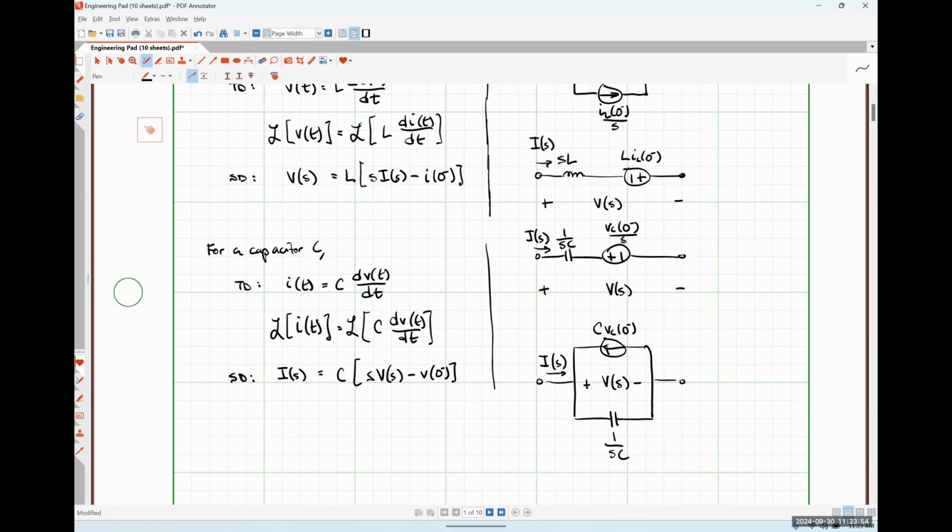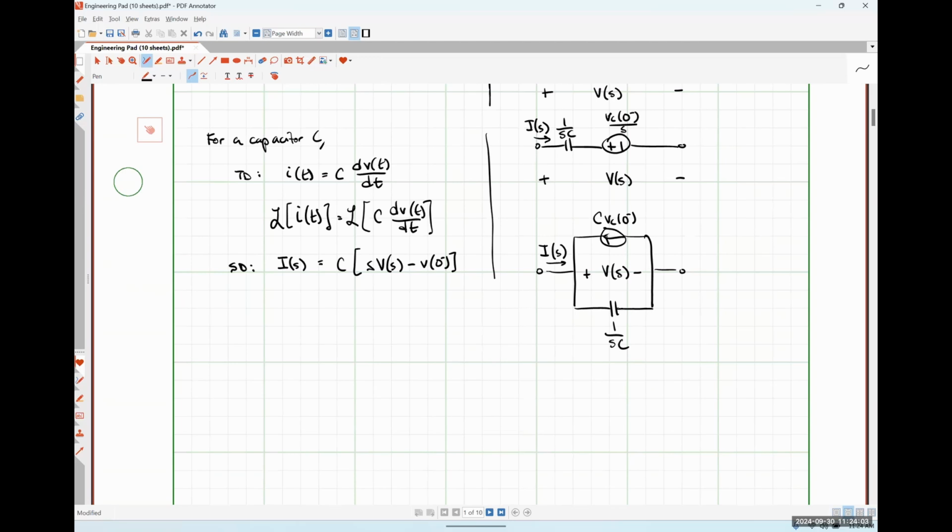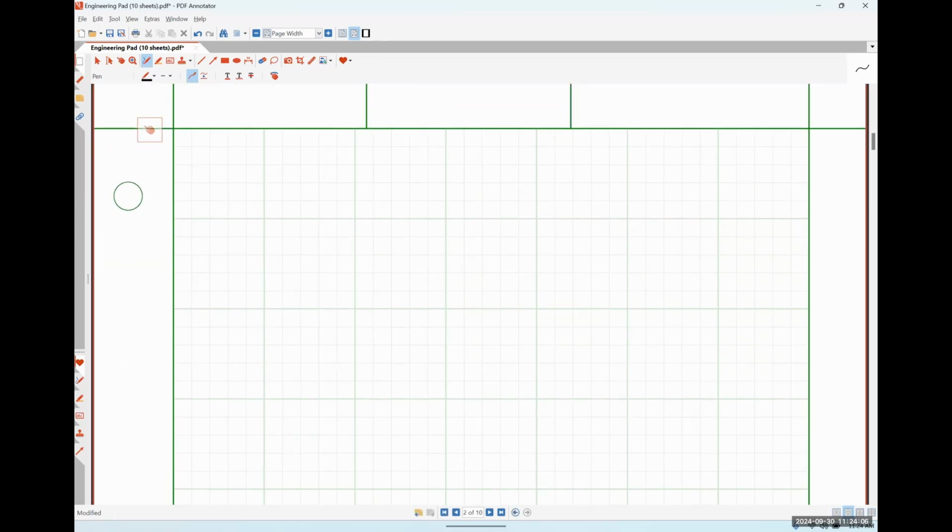All right. So let's analyze a problem. So let's say that I have the following circuit. Let me just go to a different page here. So the circuit that we are interested in is a simple parallel RLC circuit.